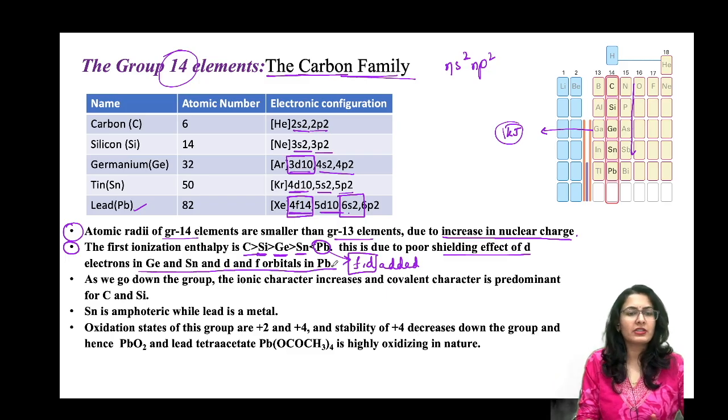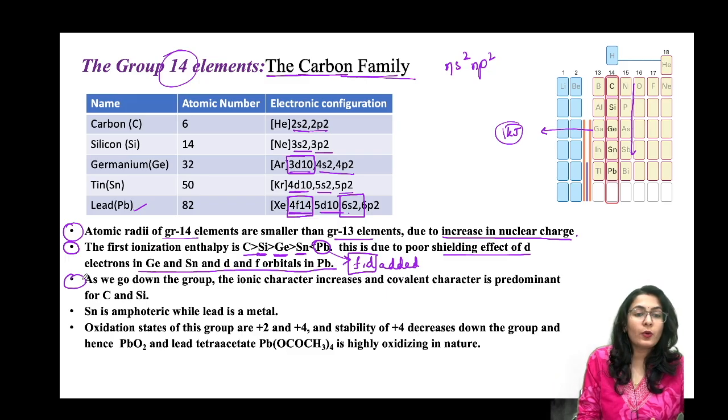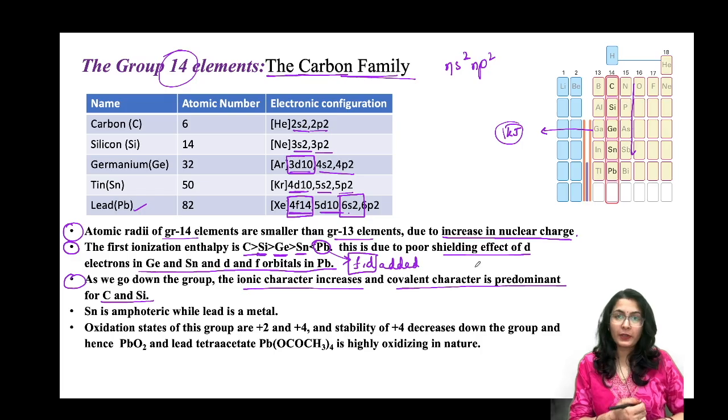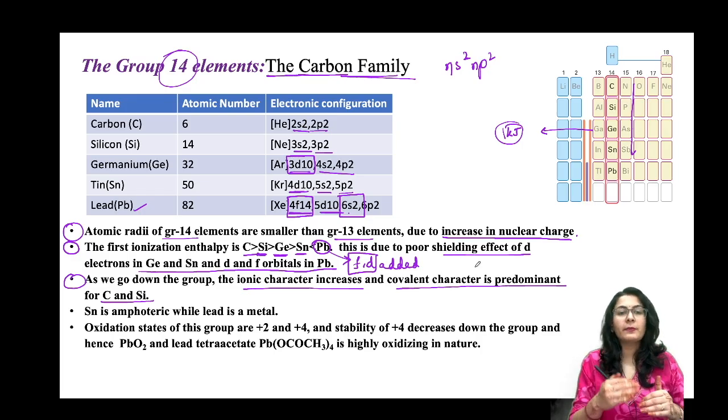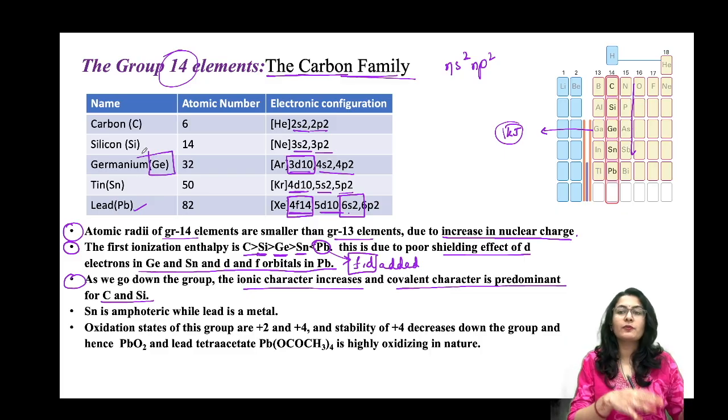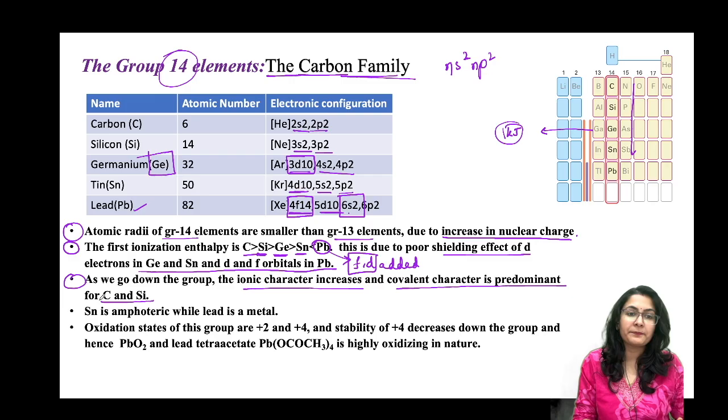So, you have a general idea. As we go down the group, the ionic character increases, and covalent character is predominant for carbon and silicon. Why is that so? Because when you move down the group, the metallic property increases. So tin and lead are metals. Germanium is like a metalloid; it shows both the properties of metal and non-metal.